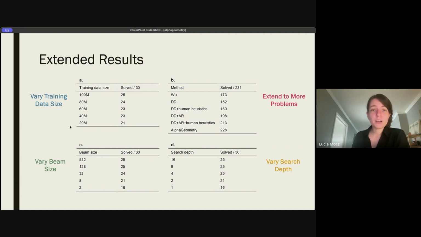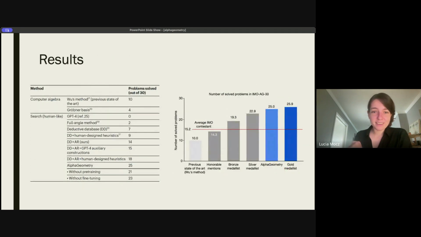If you train it on only 20 million, you still get 21 out of 30 correct, which is still better than the next best thing, which is DD and AR together with human designed heuristics.